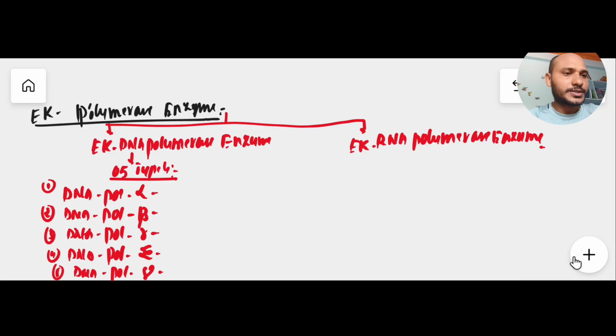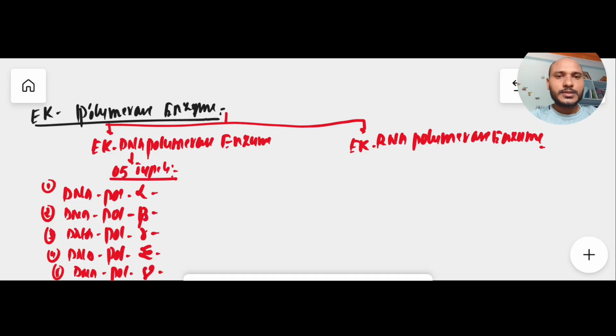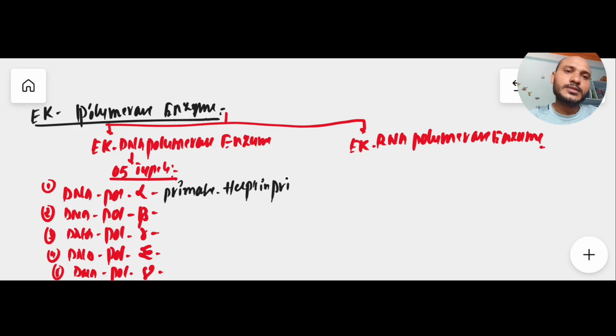Now coming to their function. DNA polymerase alpha, also called primase enzyme, helps in primer synthesis. Here a primer is nothing but a short sequence of genetic material, a piece of DNA or RNA.